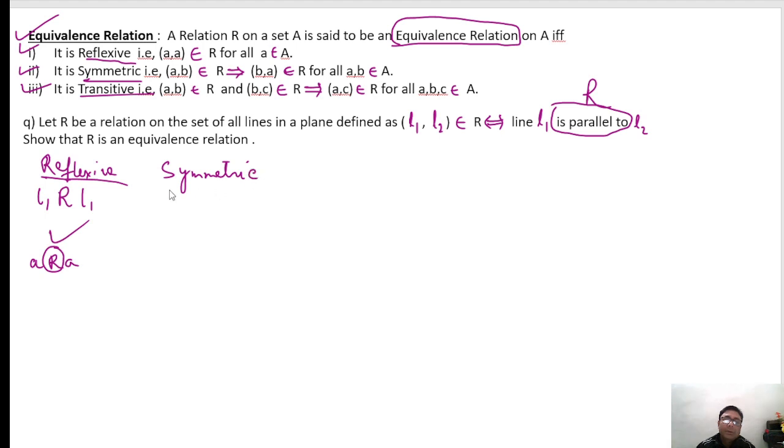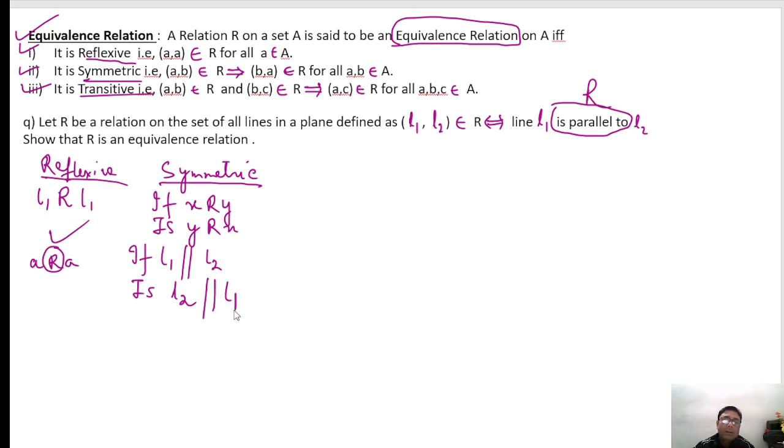Symmetric. Let us check the symmetric condition. What is symmetric? If x r y is y r x, that means if line L1 is parallel to line L2, is L2 parallel to line L1?